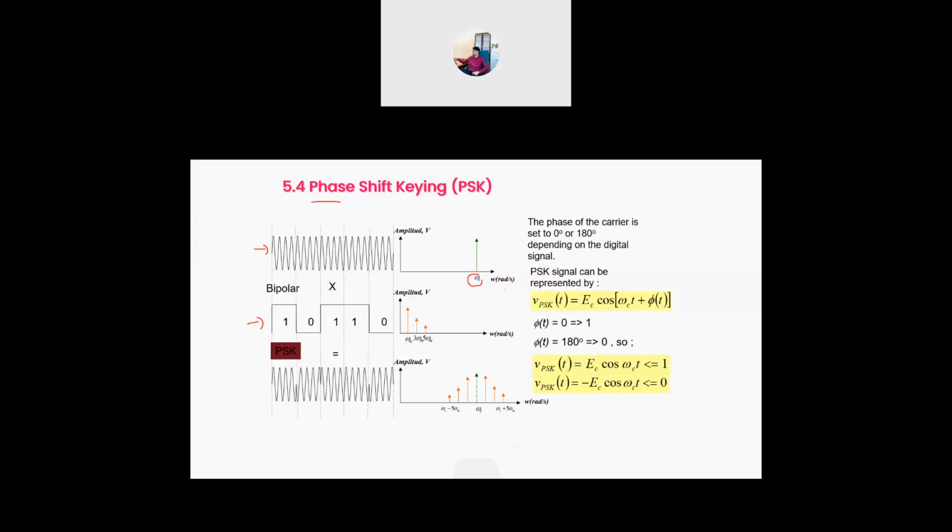Now for phase shift keying, the phase of the carrier is set to 0 or 180 degrees, depending on the digital signal.